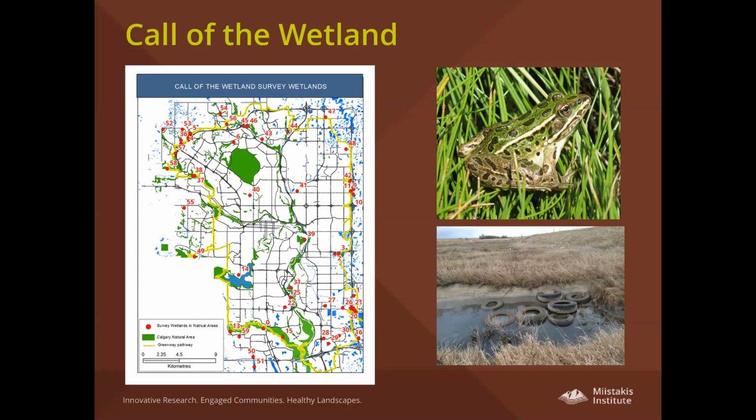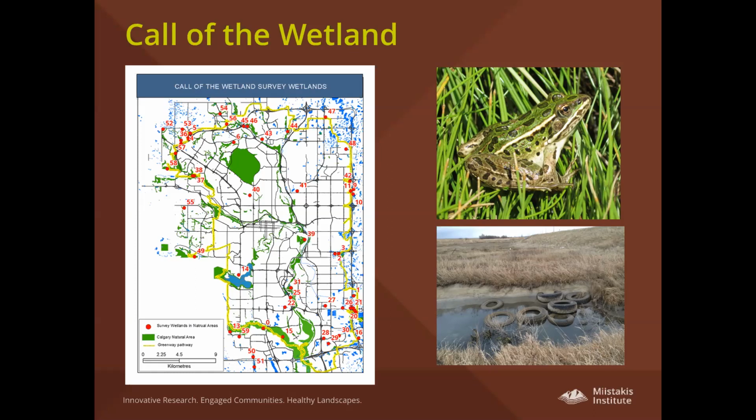Call of the Wetland is an amphibian and wetland monitoring program that we developed in partnership with the City of Calgary. It's designed to monitor wetlands within the city, recognizing that wetlands play an extremely important ecological function. However, there's very little known about what amphibians we have and where.